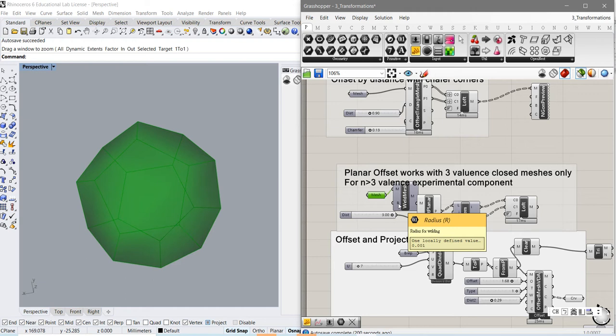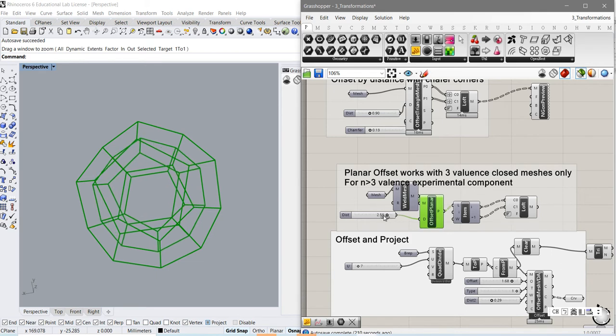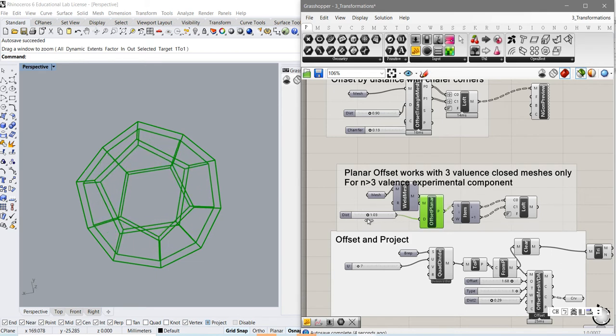But what does it mean by 0.001 radius for welding? Anyway, now we can offset it by 3. So it creates another mesh, which is the offset of it.